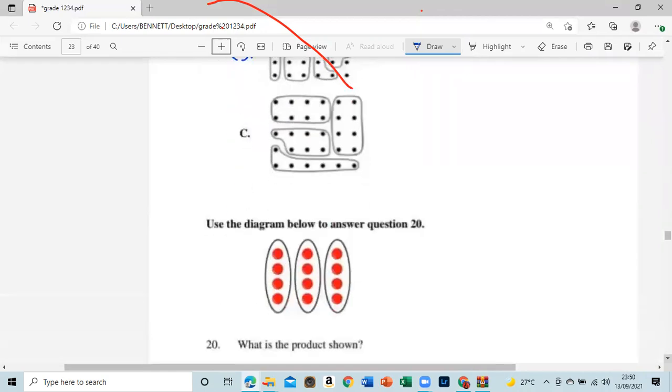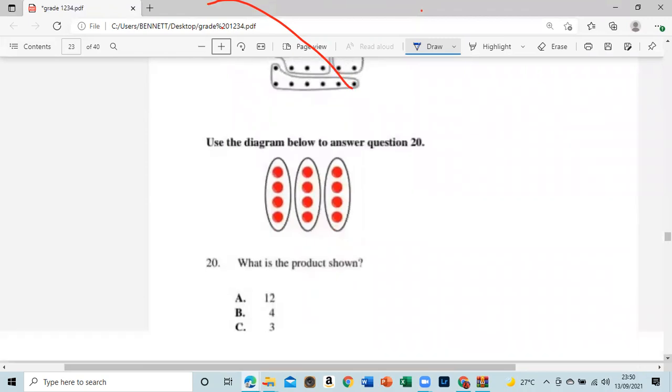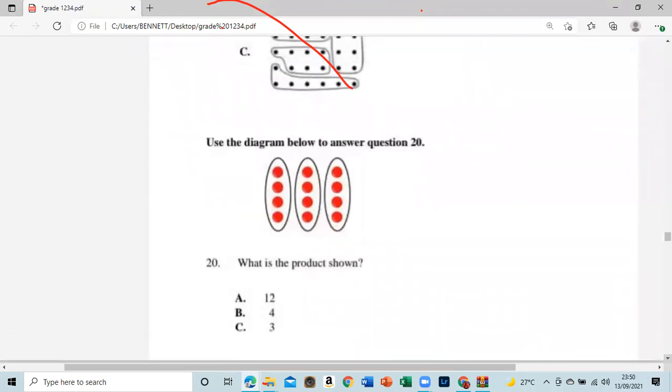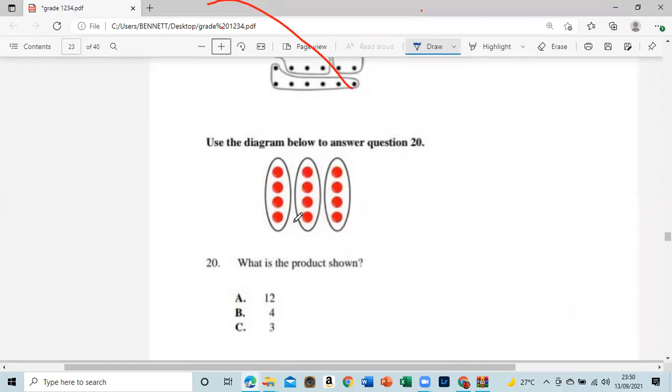Use the diagram below to answer question 20. What is the product shown? So it's 1, 2, 3, 4. It's 3 of them. Guys, I don't know the order anymore. The order shouldn't matter this time.